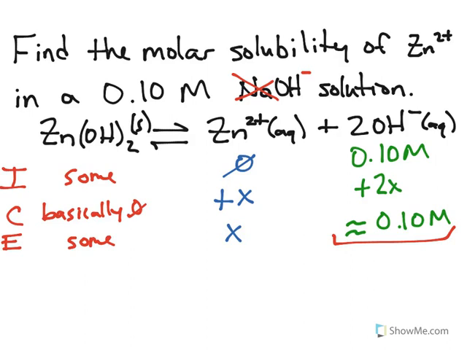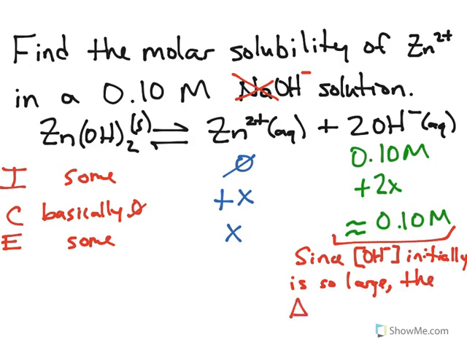So you can avoid that confusion simply by saying, since the concentration of the OH initially is so large, the change in that concentration is negligible. If you don't state that assumption here, you aren't allowed to make this assumption mathematically.